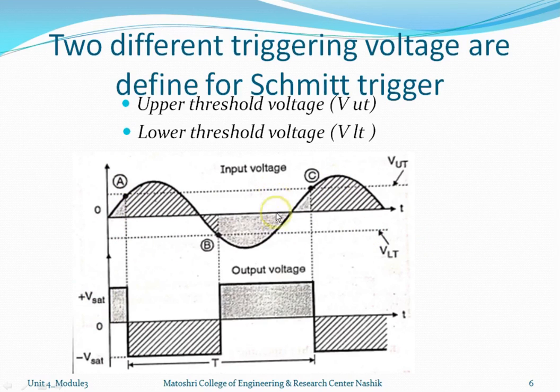So within the range of VUT and VLT, any change in the input does not affect the output. Only beyond this range of VLT and VUT, the output is going to change. That is the output waveform of these Schmitt triggers.